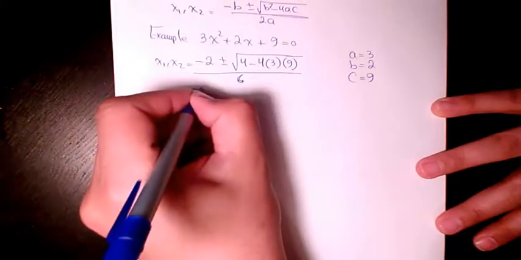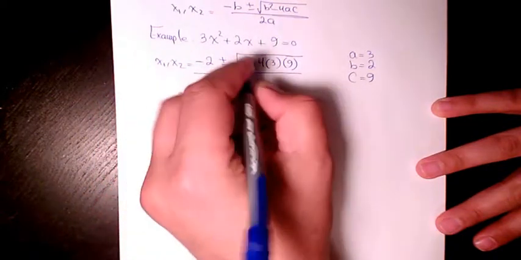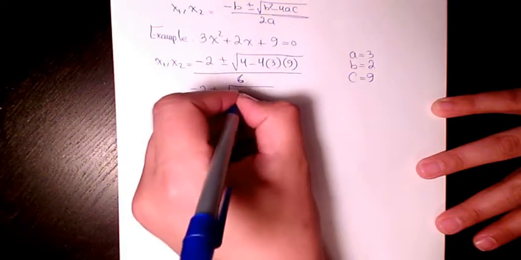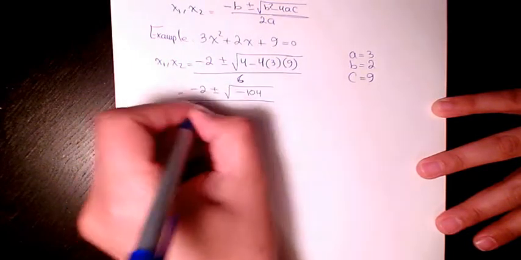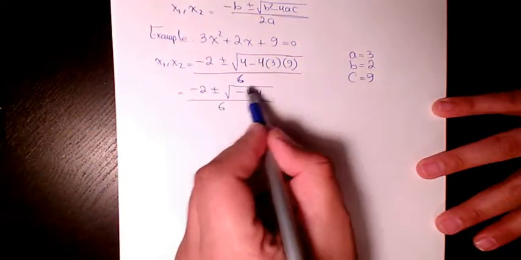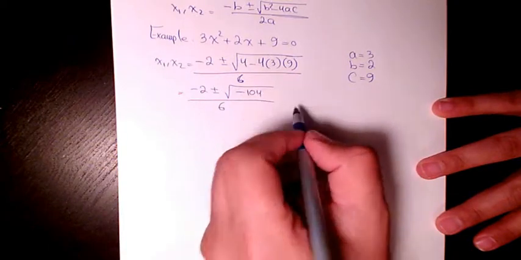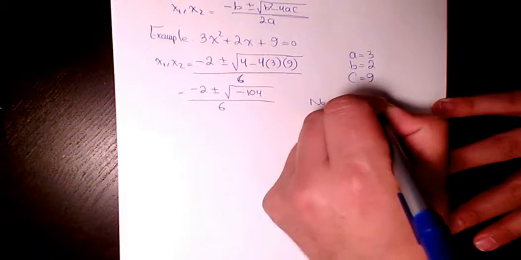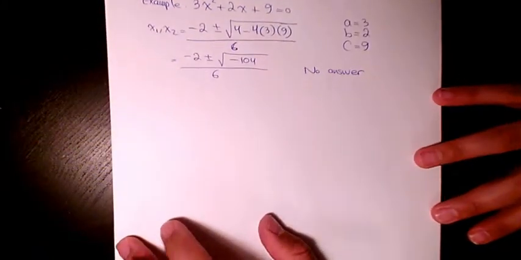So that will be negative 2 plus or minus the square root of 4 minus 4 times 3 times 9, which is negative 104, divided by 6. Since this one is negative under the square root, it means that there is no answer, or there is no solution to this question.